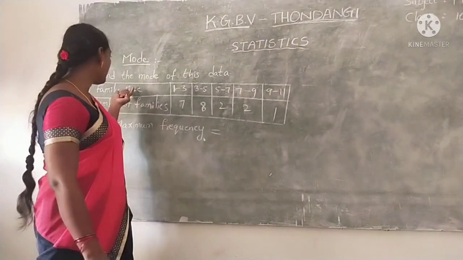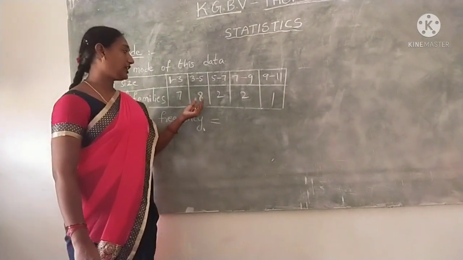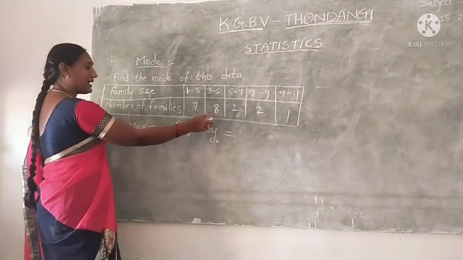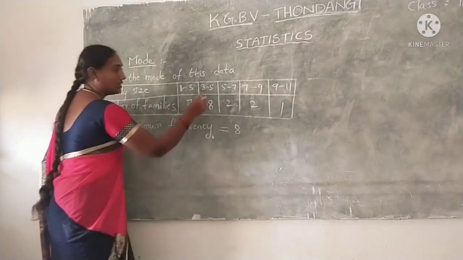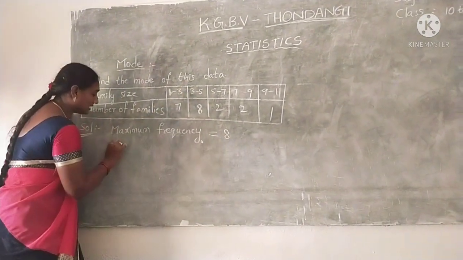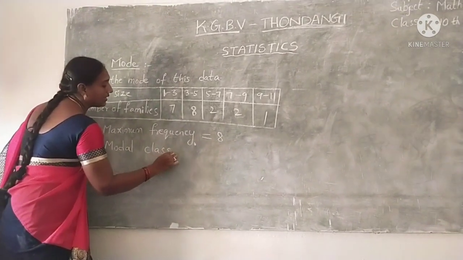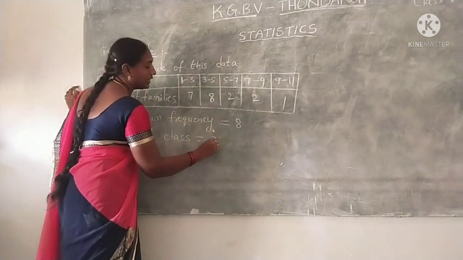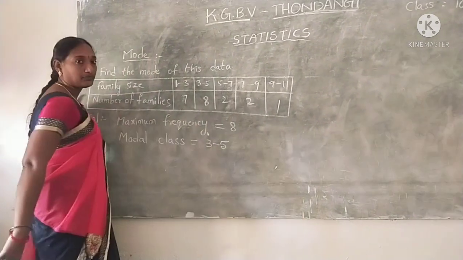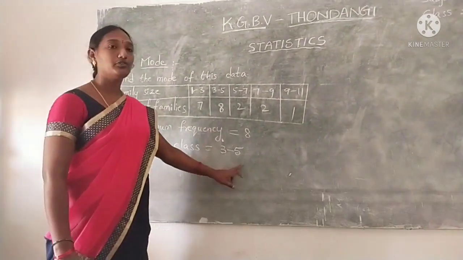So 3 to 5 family size most frequently occurred here. So the maximum frequency is 8, and that class interval is called the modal class. So here the modal class is 3 to 5.